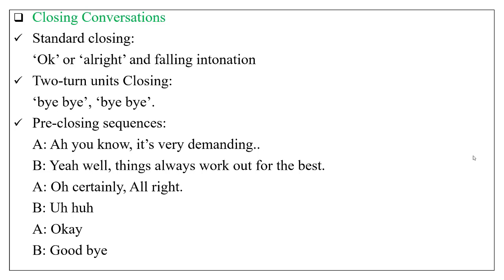And then we have pre-closing sequences, as in this example between person A and person B. "It's very demanding." "Yeah, well, things always work out for the best." "Oh, certainly. All right. Okay, goodbye." So you close the conversation in sequences.